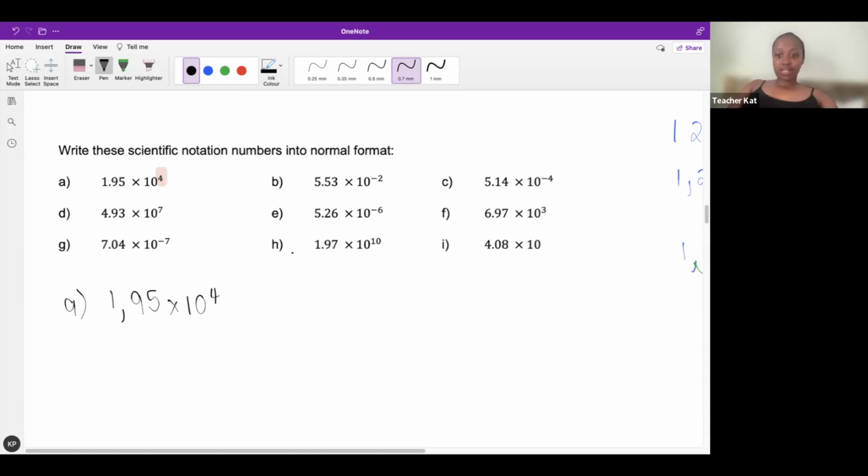So what do we place? Zeros. How many zeros do we need? I'm going to move it 1, 2.